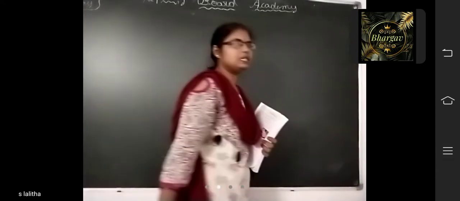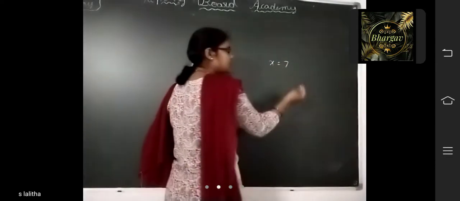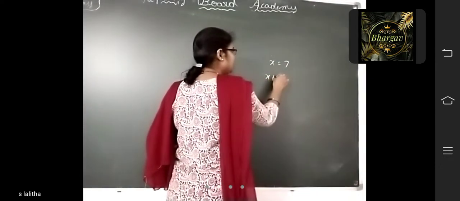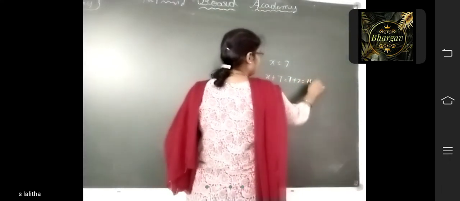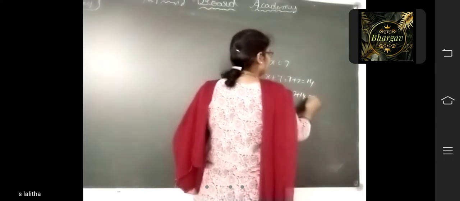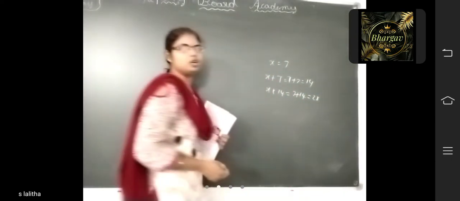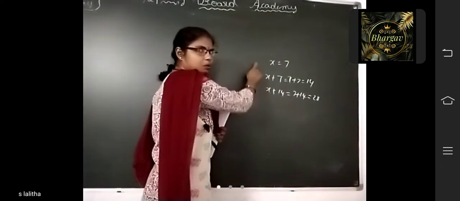So here, multiples of 7. If you take x, what is the next number? x plus 7. 7 plus 7, how much? 14. Again x plus 14. Like that you should take. So x, x plus 7, x plus 14, these are all multiples of 7.